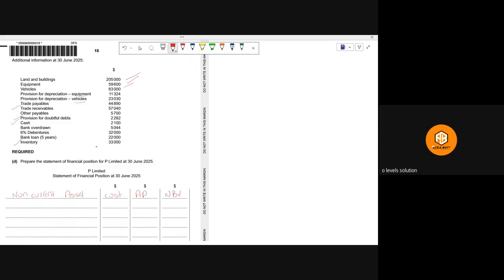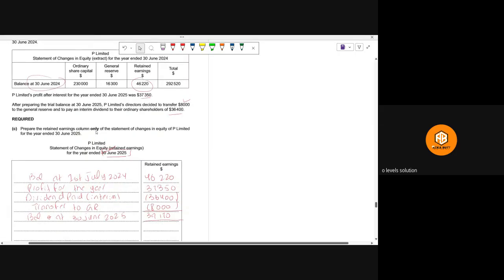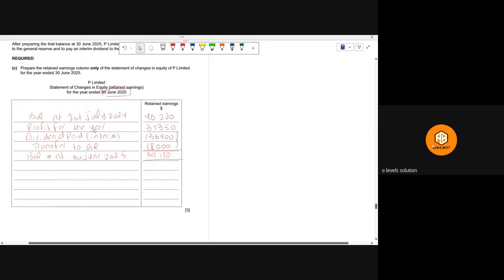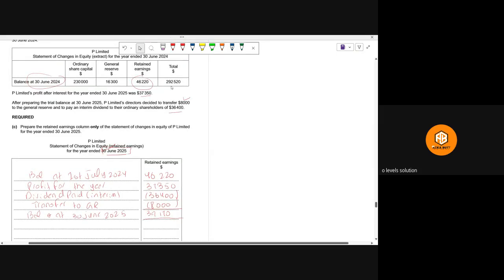In the total assets, we have the equity. Do we have equity? I think we have the equity above. Yes, so as you can see, the total equity was 292,000. No, once again, how much? Yeah, this one. Ordinary share capital, first of all, we will write. So 230,000 is basically the ordinary share capital.